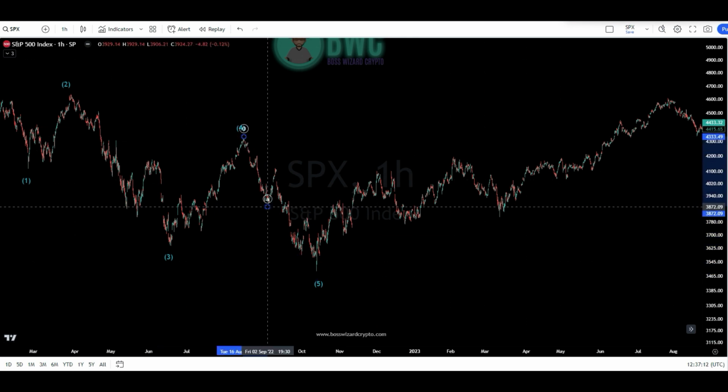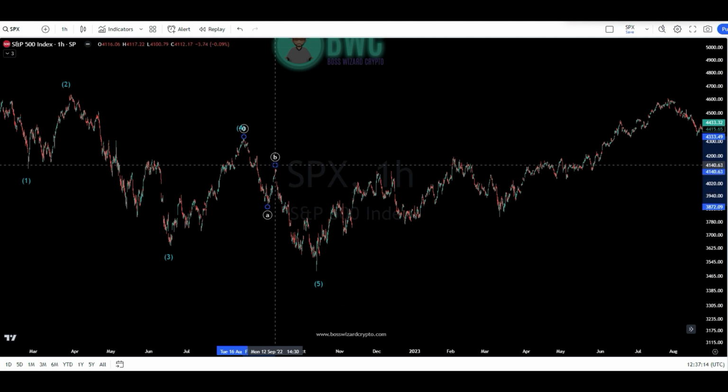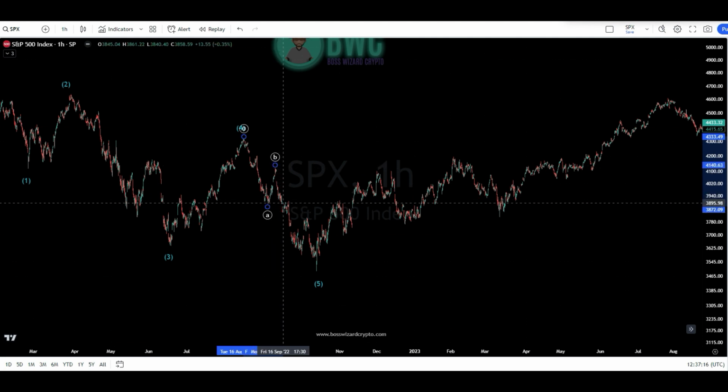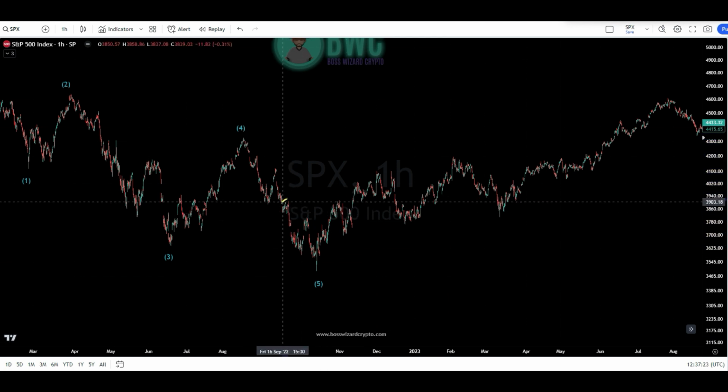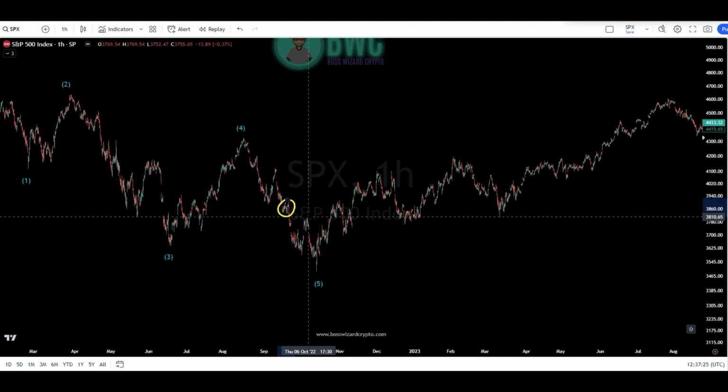So that can be an A wave and a B wave, and then you have a little flat right here. You could isolate this. This is what I'm talking about, isolating an impulse. There's a flat, and you have alternation with a zigzag right here.